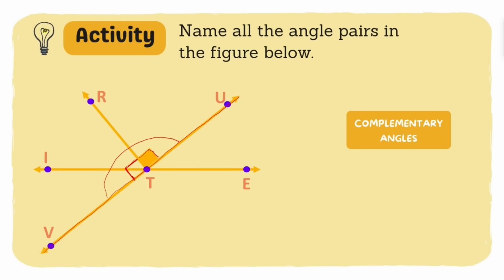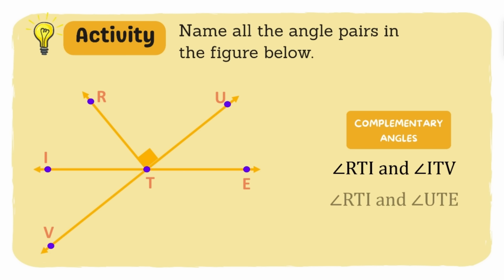Now, ano yung mga angles na complementary? Ang mga angles na complementary, they add up to 90 degrees. Okay, so let's check kung saan dito yung mga complementary angles. We have the following angles: angle RTI and angle ITV, and also angle RTI and angle UTE. Okay, let's point them out.